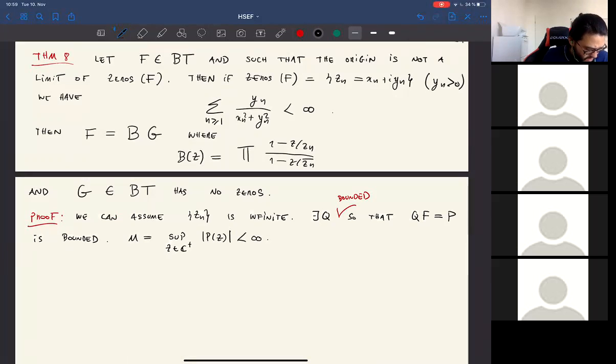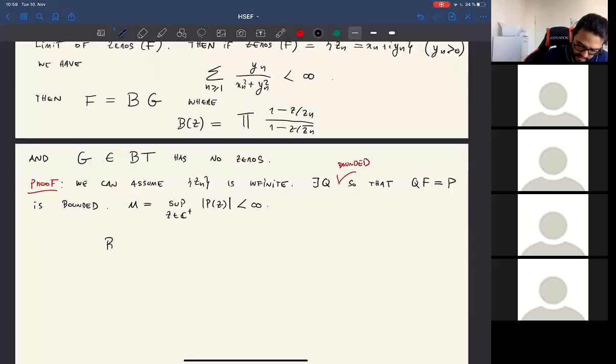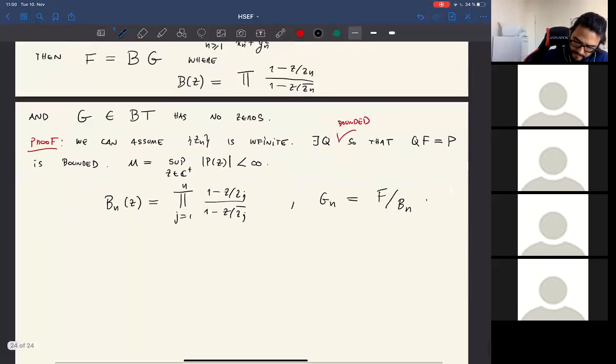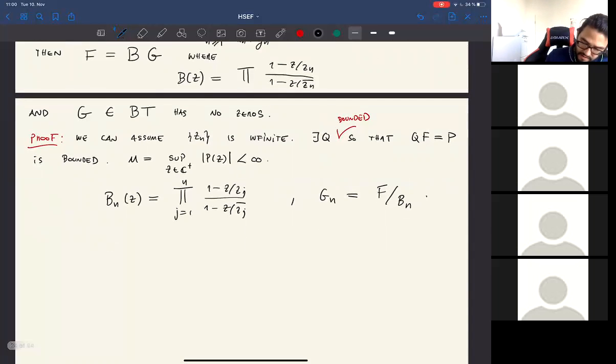Great. So let me define B_n(z) equals these guys, and let me define G_n equals f divided by B_n. Okay, so we do know now that B_n is of bounded type and also G_n are functions of bounded type.